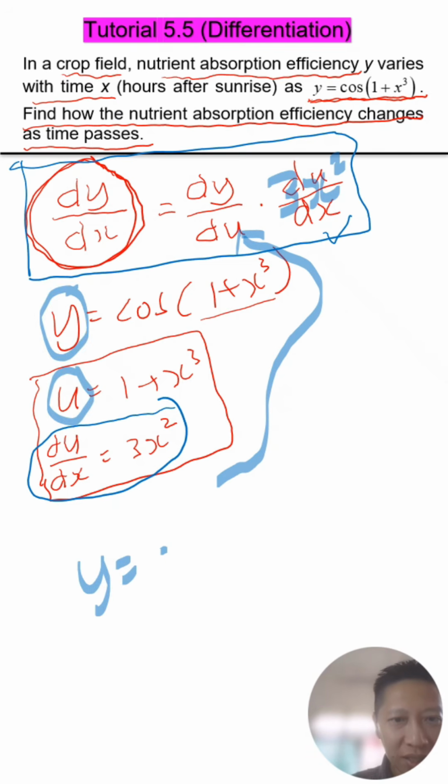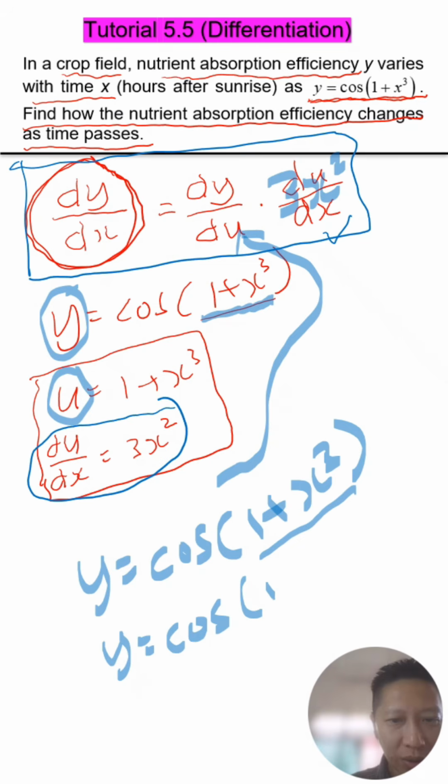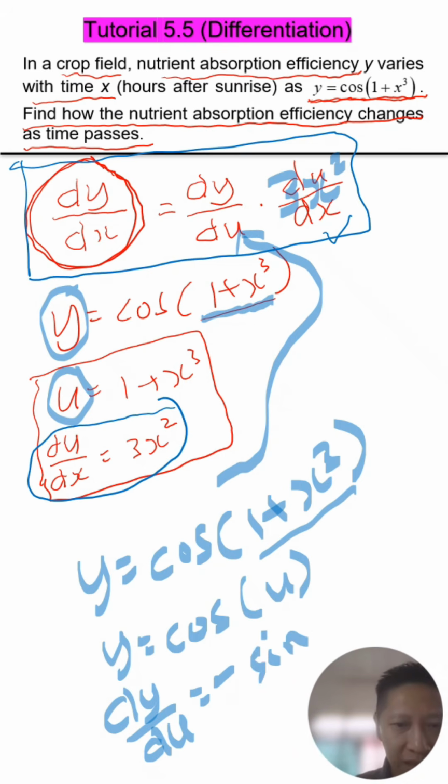The y initially is cos of (1 plus x to the power of 3). Since we have another name to replace 1 plus x to the power of 3, called u, we will have cos u here. When we differentiate, dy with respect to du is minus sine u.